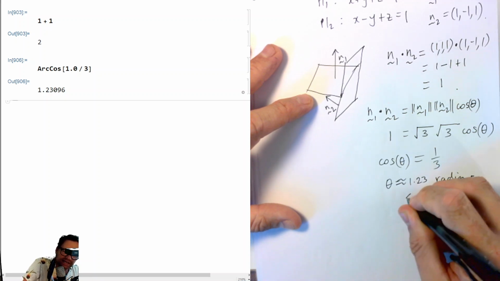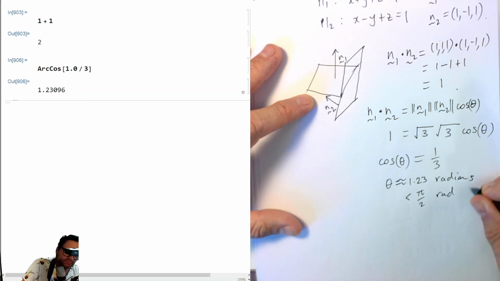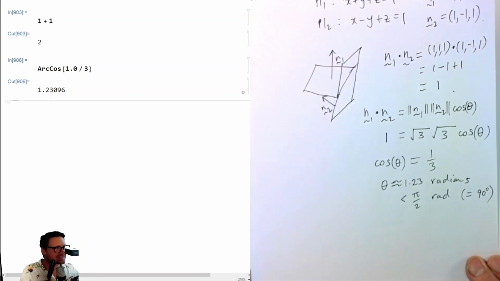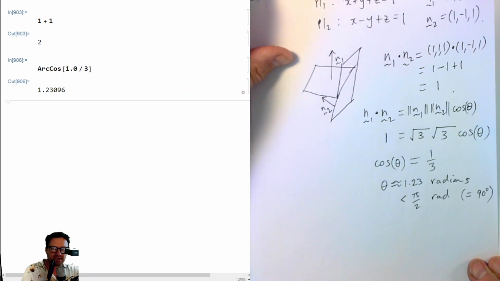Now this is less than pi on 2 radians, and that, remember, is 90 degrees. So since it's less than 90 degrees, it means that that coincides with the angle between the planes.